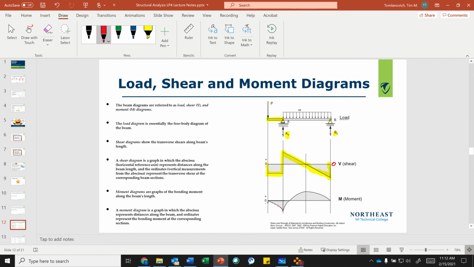So I have a negative moment because I have a negative shear, and now I have a positive moment because it's a positive slope, because I'm on the positive side of the 0 point.